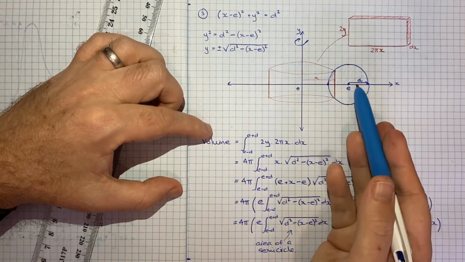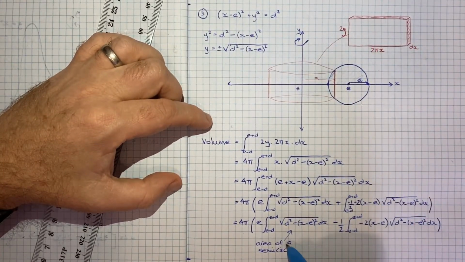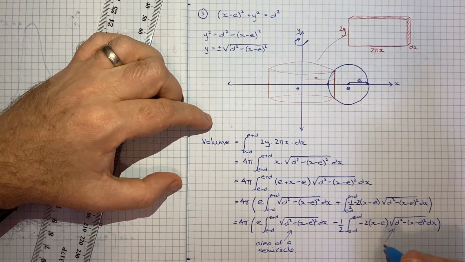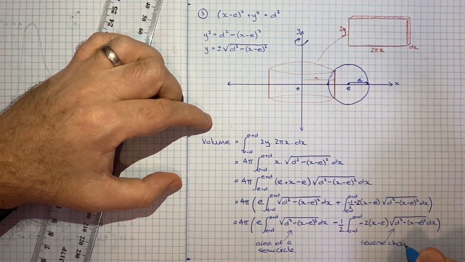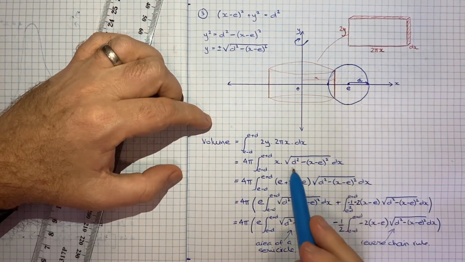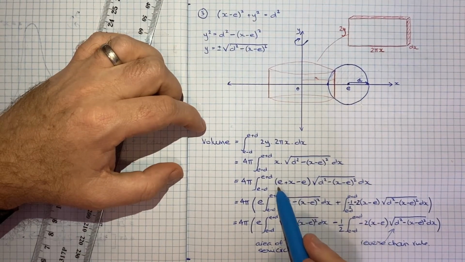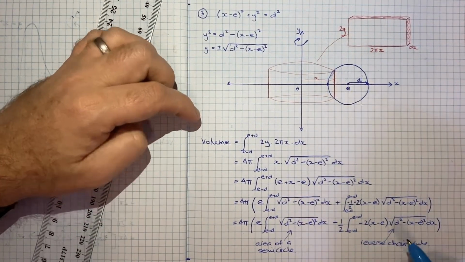And if you know the radius, the area is pi r squared. So that's going to be easy, and this we've set up so that we can use the reverse chain rule. So whilst this integral looked like it could have been a bit of a nightmare, we've found a way through a simple little hack to get it into a manageable format.